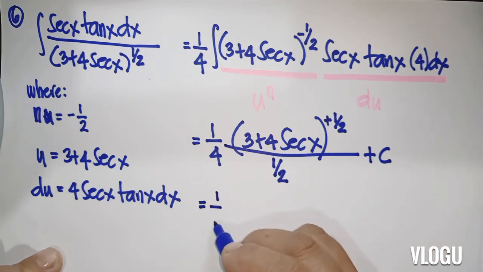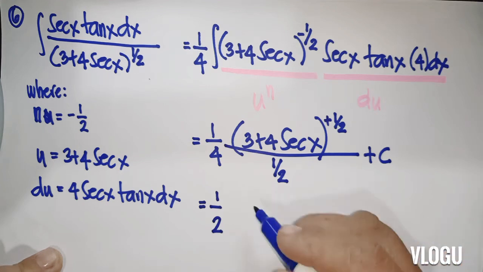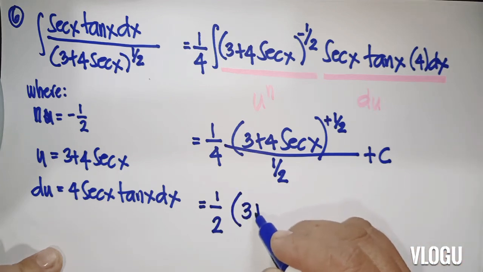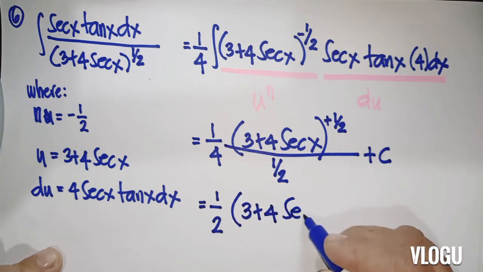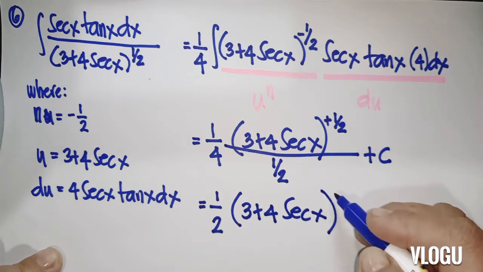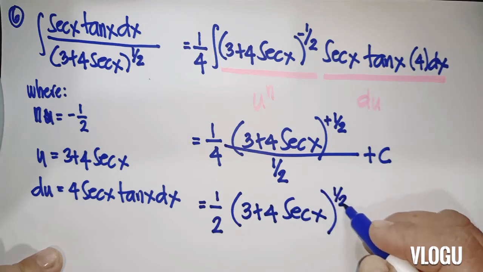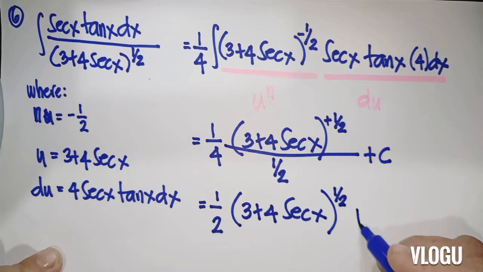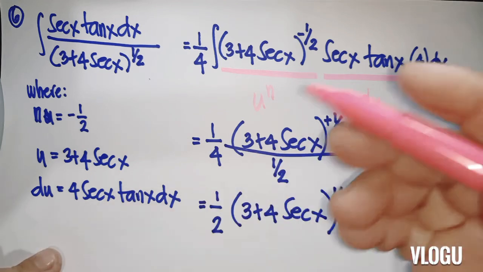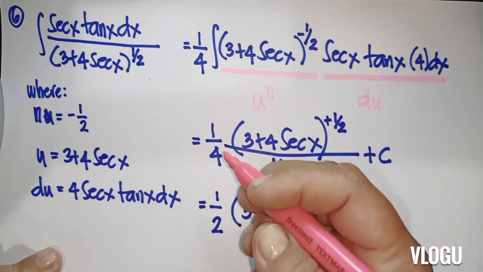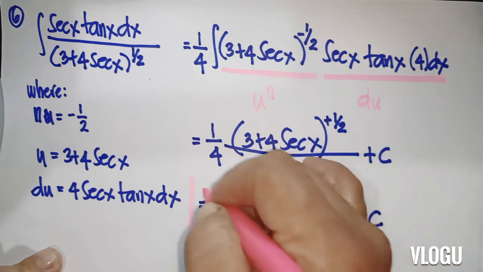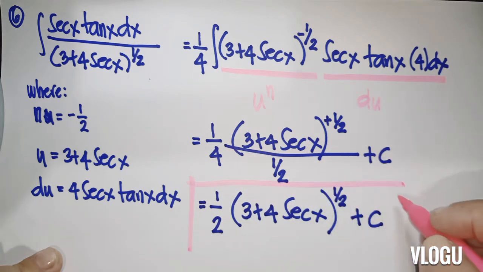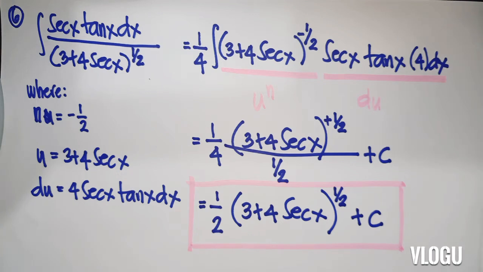So you will have 1/2, 3 plus 4 secant x raised to 1/2 plus C. So that is now our answer. So that's it.